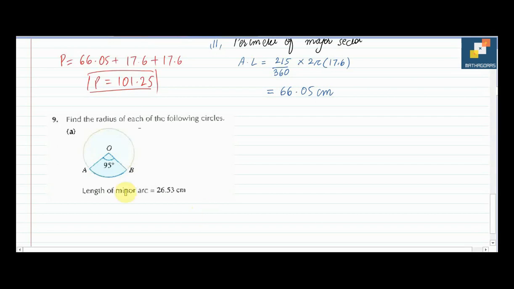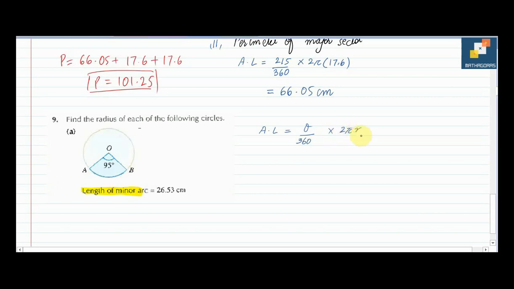Like in this question, the arc length is given, right? So you need to apply the working formula of arc length, that is angle divided by 360 multiplied by 2 pi r.